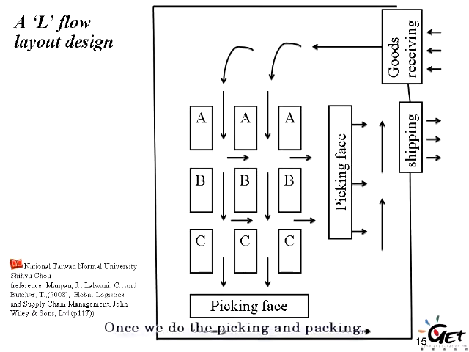And then once we do the picking and packing, we put all these items to be shipped here and wait for the trucks to ship these items to the downstream customers, move out here. So this is an L-flow layout design. Okay, these are 3 popular designs that we can consider.